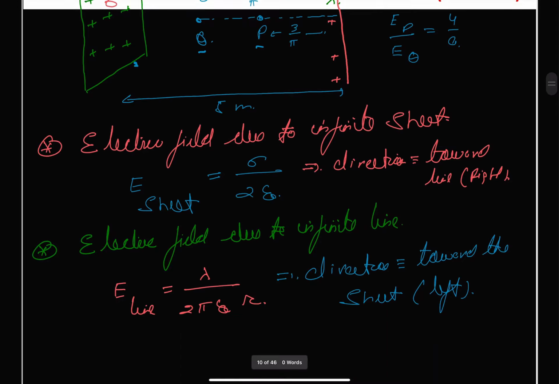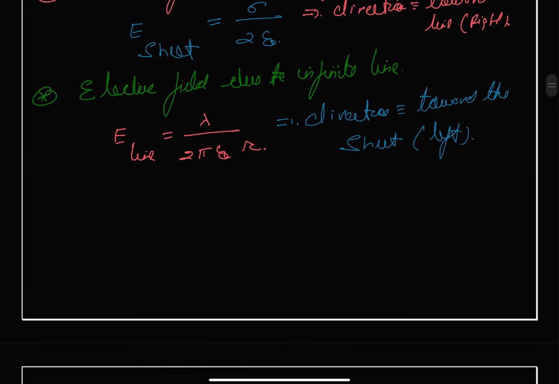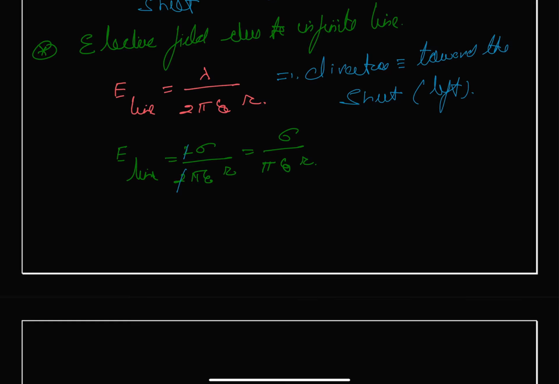So therefore we can write that our electric field due to line will be equal to twice of sigma divided by 2 epsilon naught times R. Here 2 and 2 cancel out. This comes as sigma upon pi epsilon naught multiplied by R. For the sheet it will be the same.